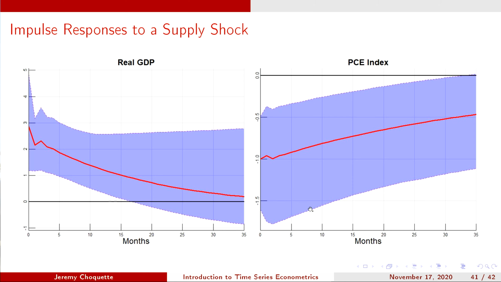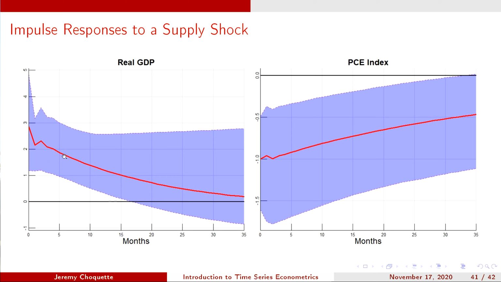So if the upper and lower bands are both below zero, and the median impulse response draw is also below zero because it's always going to be contained between these bands, then what we can say is we have a significant response of prices and output to a supply shock.